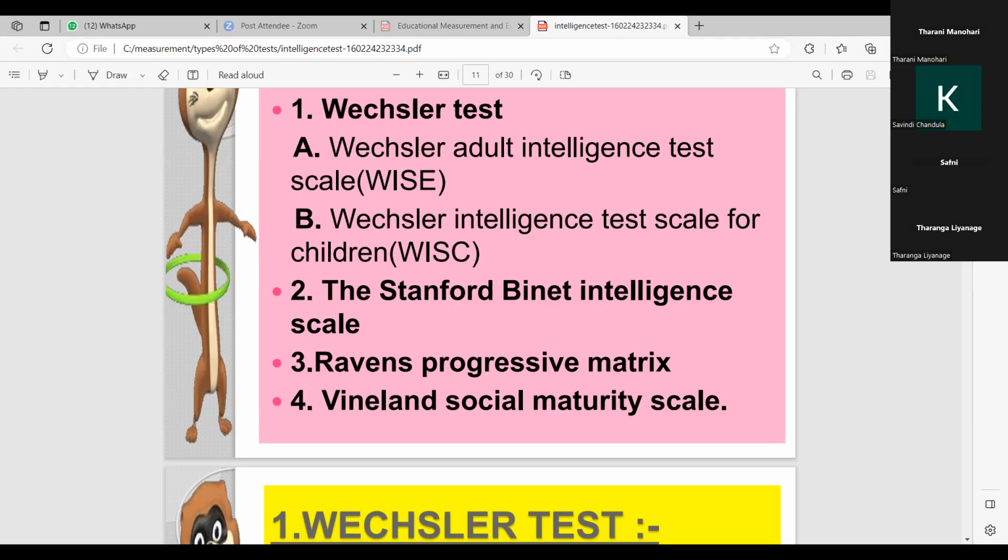Then we have the Stanford-Binet intelligence test. The intelligence test started by Alfred Binet was later taken to Stanford University in the USA, where they improved upon Binet's test, and it's called the Stanford-Binet intelligence test.